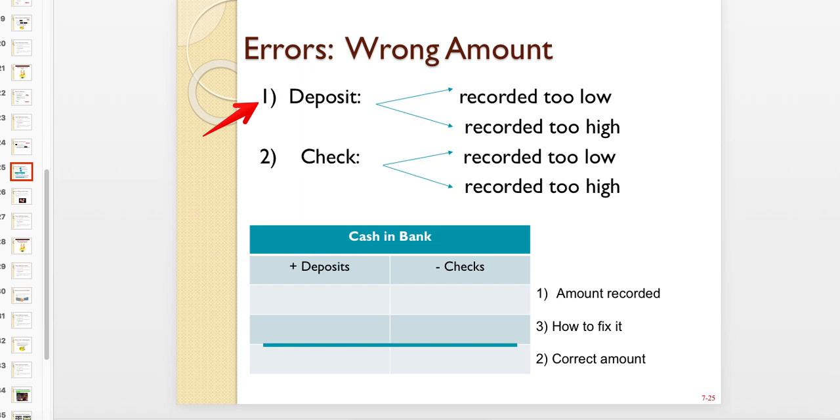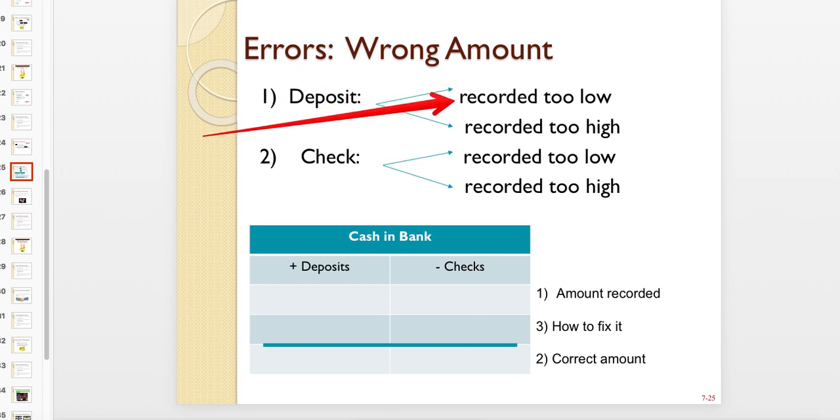And separately, you have the accountant who's going to actually record it in their financial records. Same thing with the check. You have one person who is responsible for writing the check, and you have the accountant who is responsible for recording it. So for these reasons, the true deposit amount might be different than what's recorded by the accountant.